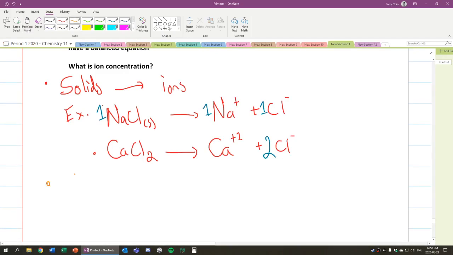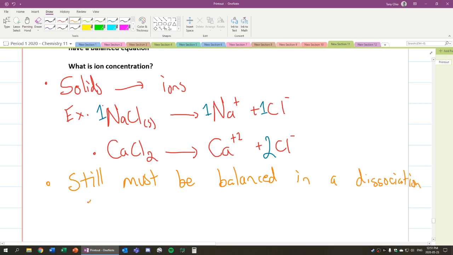So it still must be balanced in a dissociation equation.